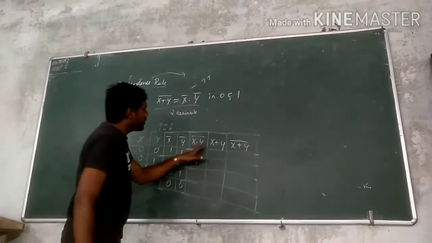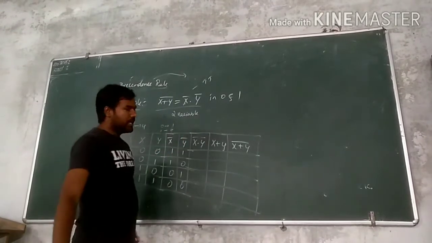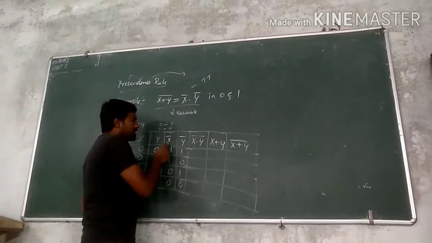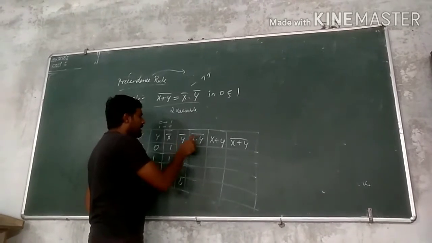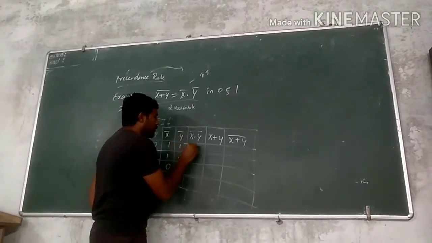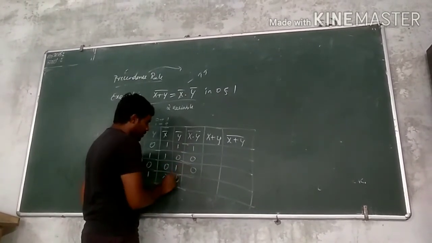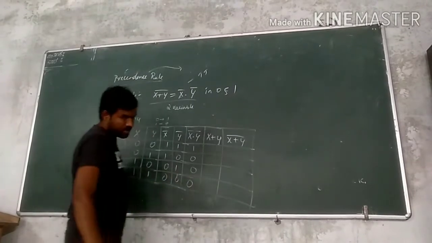And x complement dot y complement. Dot means multiplication, so x complement dot y complement means x complement into y complement: 1 into 1 is 1, 1 into 0 is 0, 0 into 1 is 0, 0 into 0 is 0.